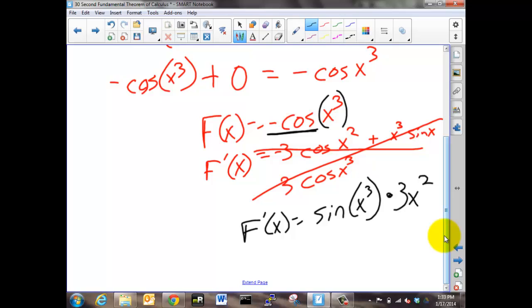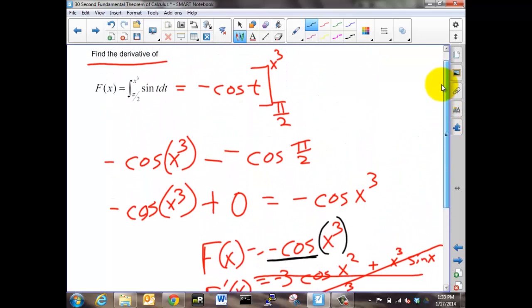So hold on. I heard somebody say, is it because it wasn't 0 on the bottom? Okay, let's think about that. If it's 0 here, we would have plugged 0 in here and got the cosine of 0, which is still a number, right? And the derivative of a number is always 0.